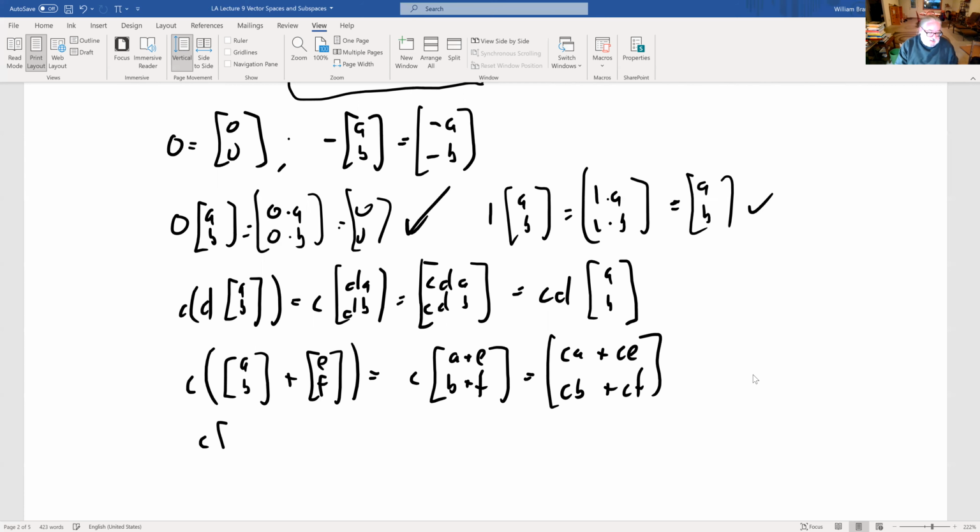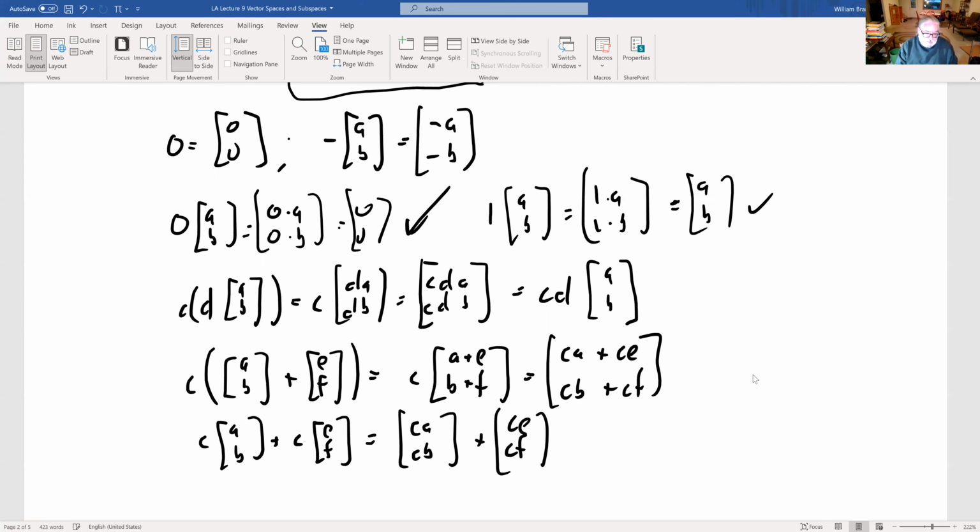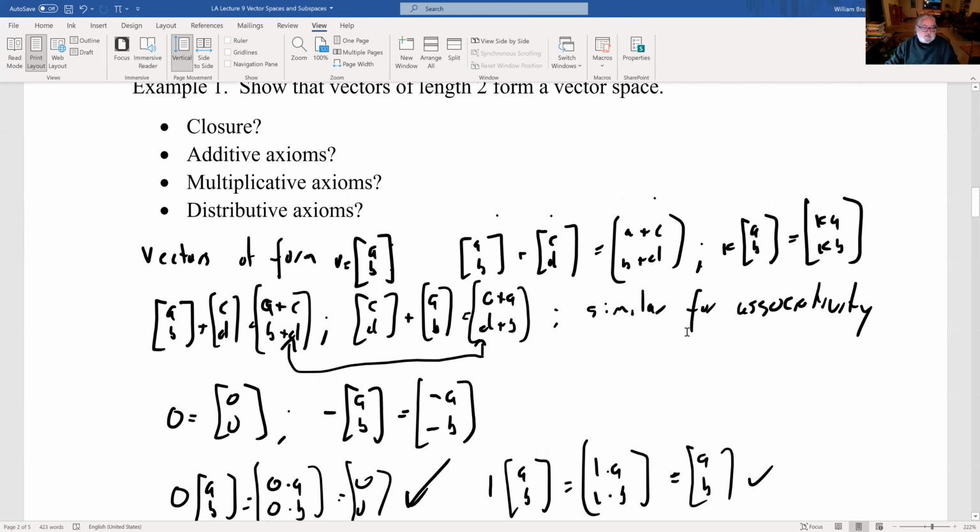But then c times (a, b) plus c times (e, f) equals (ca, cb) plus (ce, cf) equals (ca plus ce, cb plus cf). And you can verify these are equal, so you can verify the other distributive axiom yourself. So it's a vector space, right?